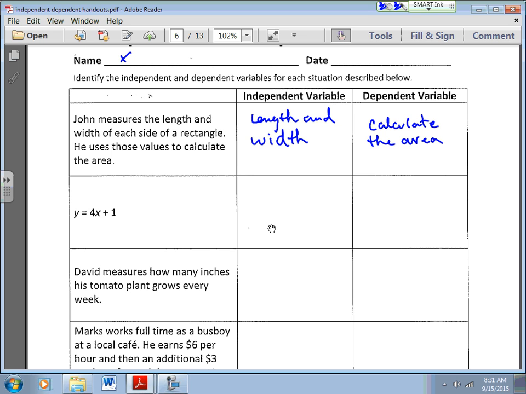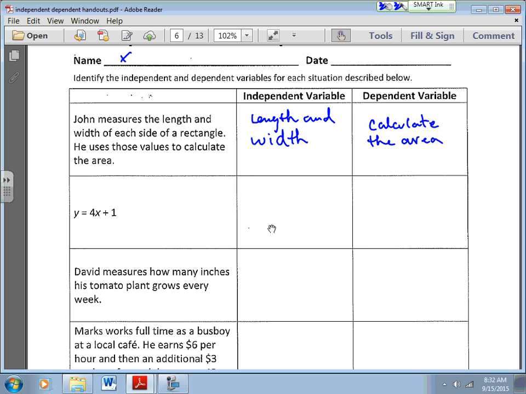Now, in that part, you're just kind of dissecting the fact that John, it could have been any other person. The dependent part is calculating the area. Yeah. So you didn't have to write word for word every part of that sentence, just the main parts that make it up. Okay. All right. Everybody okay right there? Yeah.